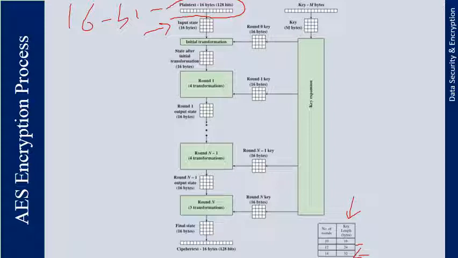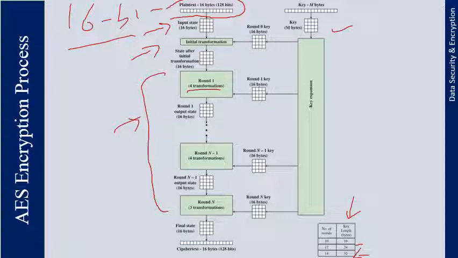So the plaintext is 16 bytes or 128 bits, and we have a key of similar size. For example, in the first case we have a 16 byte key, and then we can use 10 rounds of transformation. In the initial transformation, only one transformation is performed, and then there are 10 rounds of transformation, and in each round there are 4 transformations.